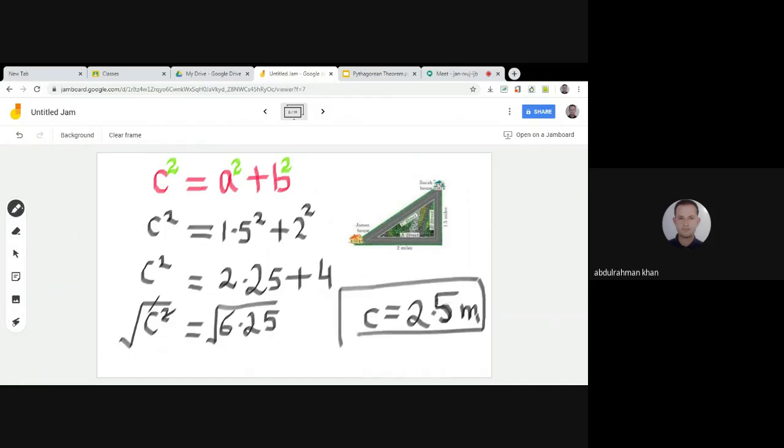So the distance from James's house to Sarah's house is 2.5 miles.